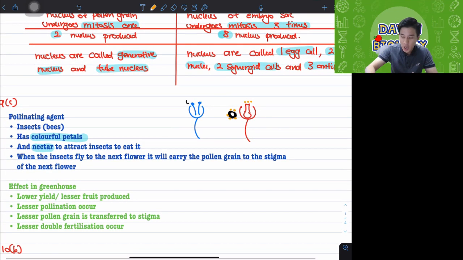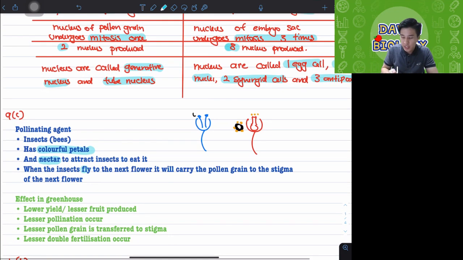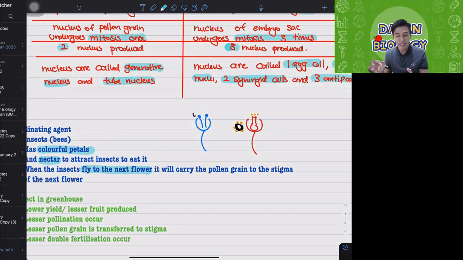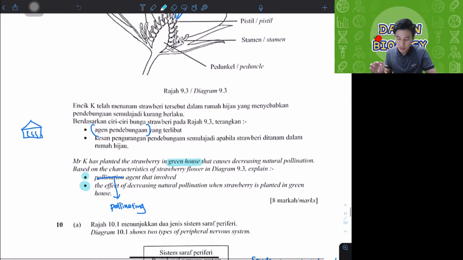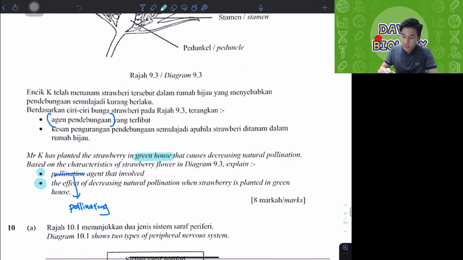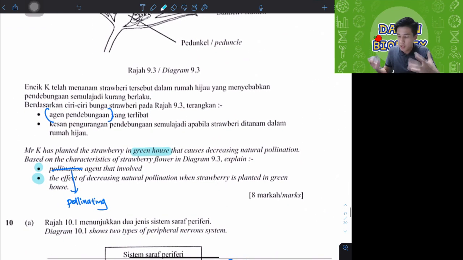Okay, so I already explained here. When the insects fly to the next flower, it will carry the pollen grain to the stigma, and therefore pollination occurs. So this question, I just explained why the flower can attract bees to become its pollinating agent. Now, the second part, they ask the effect of decreasing natural pollination when strawberry is planted in greenhouse.